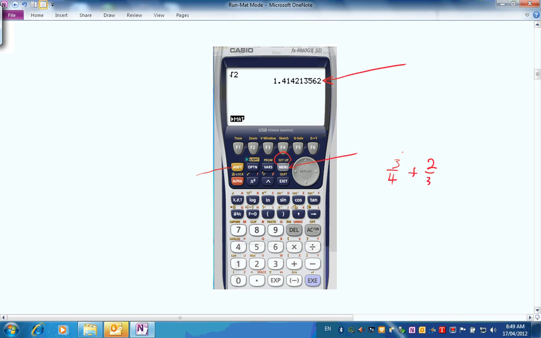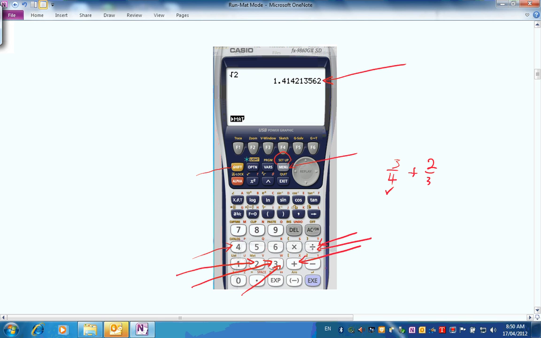So to do that, what I'd like you to first of all do is to hit 3 divided by 4, so that's our 3/4, then plus 2 in here, divided by, again, 3.